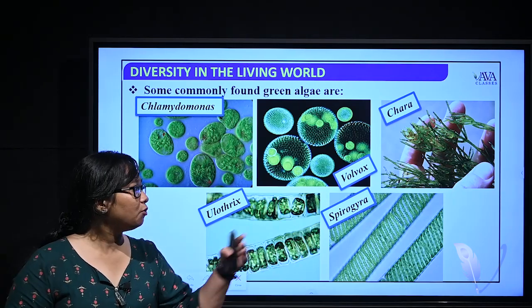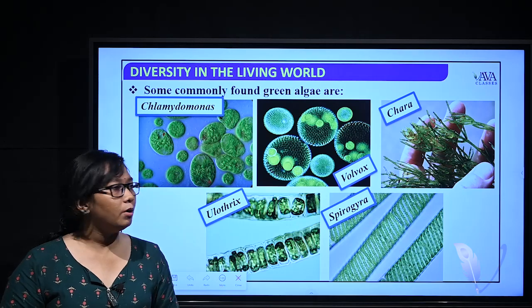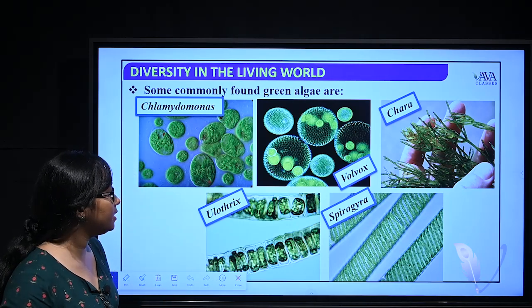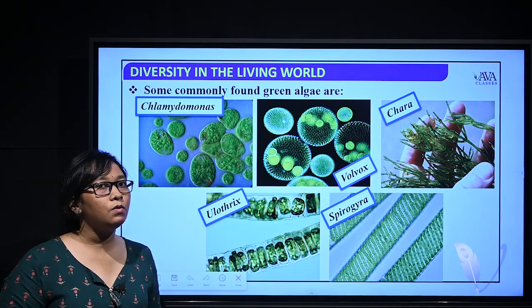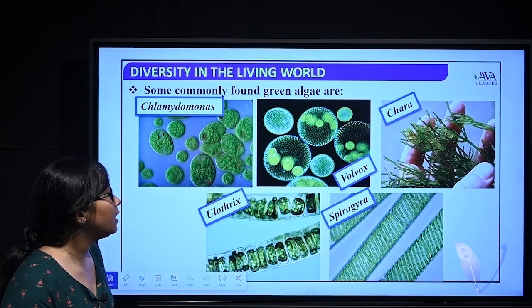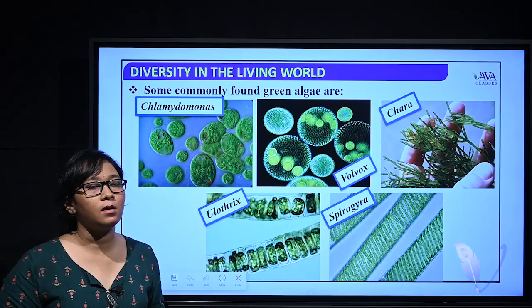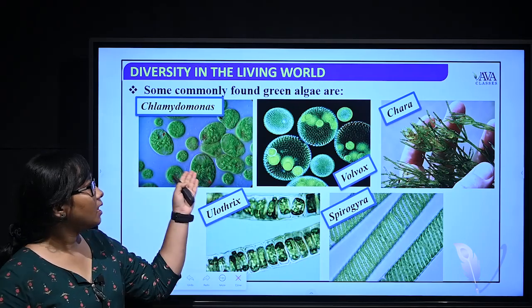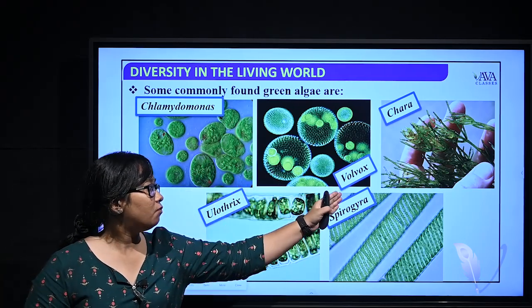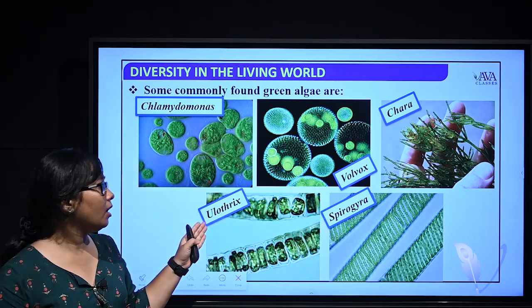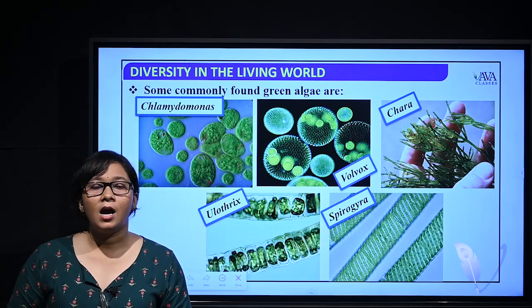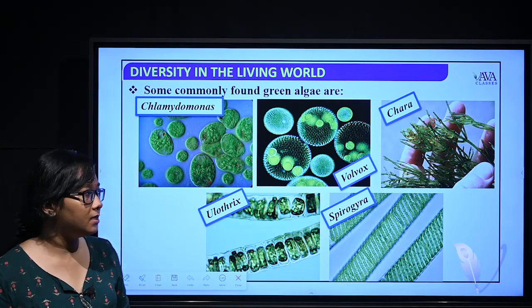Spirogyra, as I was telling you before, is one type of freshwater algae. Ulothrix is also one type of freshwater algae. Remember this.